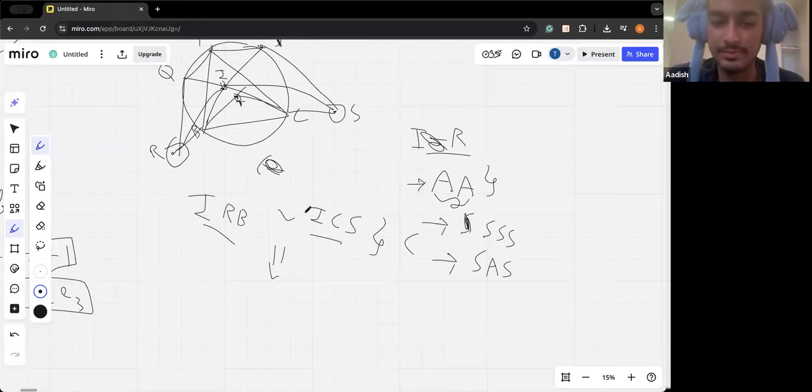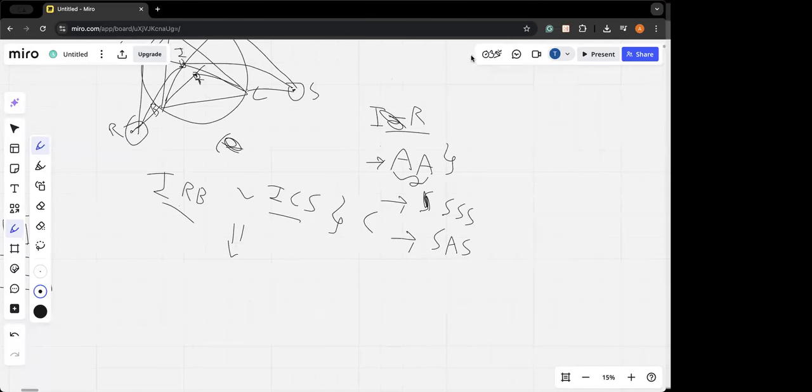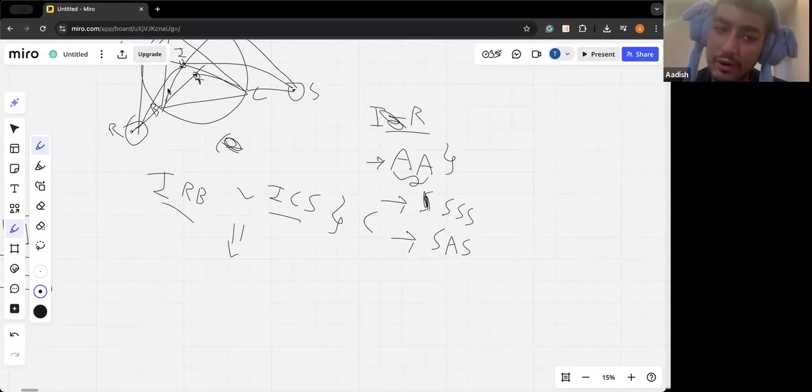There are ways, but in general you want to avoid doing just angles unless you want to prove 90 degrees. All the lengths are well known because I, R, B are good points, so we can just use SSS.